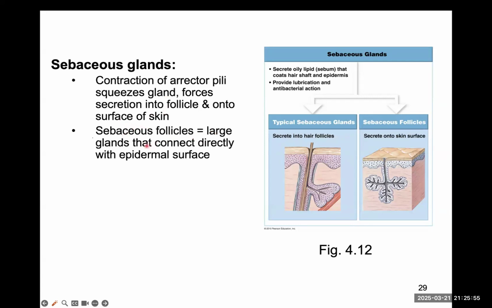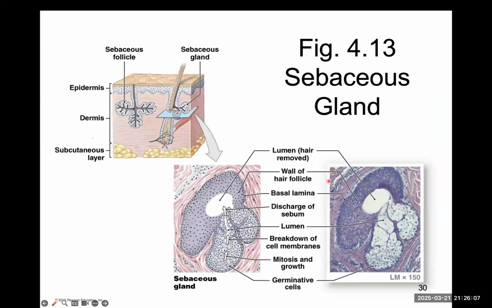Sebaceous follicles are large glands that connect directly with the epidermal surface. So a sebaceous follicle looks bigger, and this is a typical sebaceous gland. This is what they look like under the microscope. If you're given a slide of scalp, so on top of your head, you have lots of hairs, and when you look under the microscope, it's going to have a sebaceous gland here, and then you're going to see there's an empty space here.